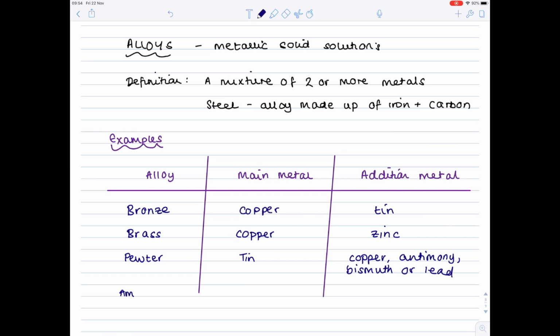Lastly, strange word, amalgams. The main metal here is mercury, but it can also contain tin, silver, gold, or sodium. So how is the property of a metal affected by it becoming an alloy?